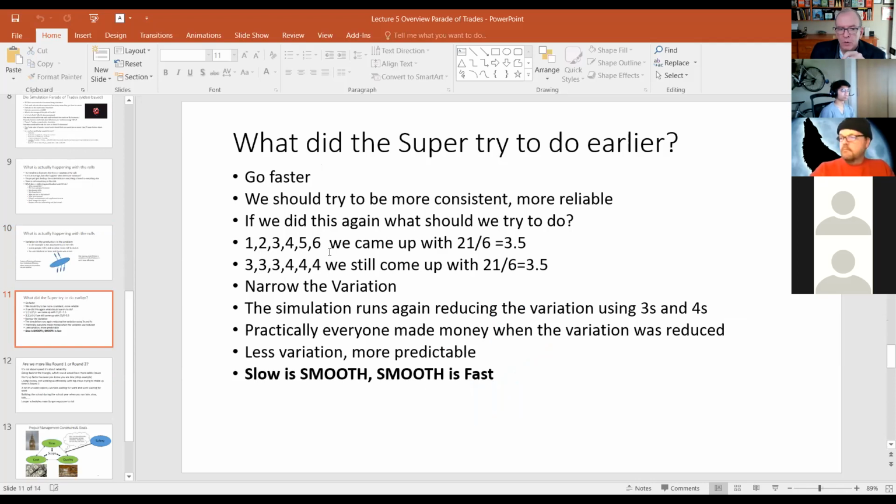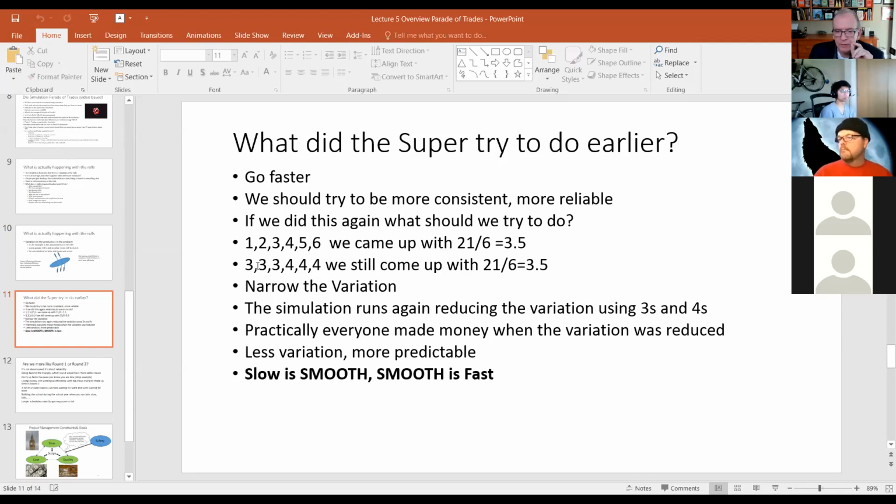Instead of accepting 1s, 2s, 5s, and 6s, everybody rolled until they had a 3 or a 4, right? And so they still didn't come out perfect. You might have had somebody that rolled four 3s and somebody rolled four 4s. But the variation was smaller.